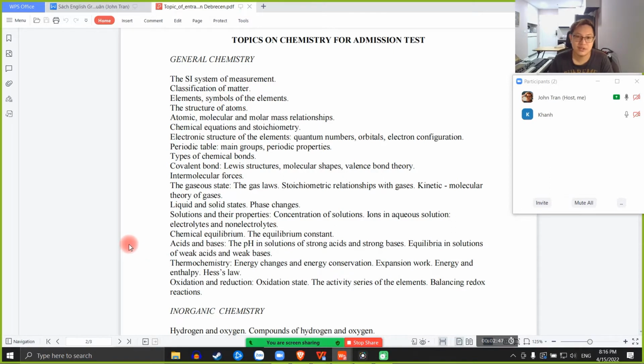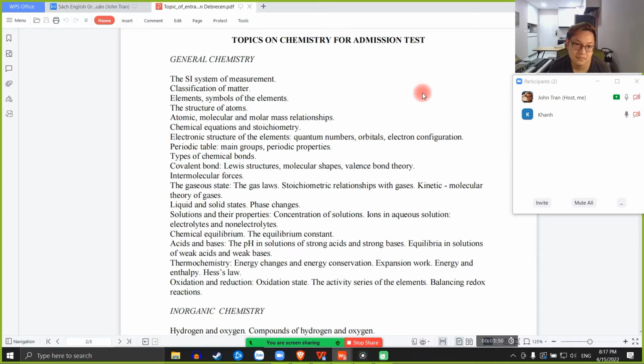Now let's start with general chemistry. Can you describe the structure of atoms? The atoms consist of a central nucleus surrounded by electron clouds, and the nucleus consists of two types of particles, which are the protons and the neutrons.